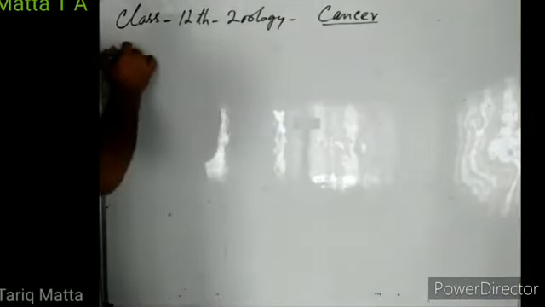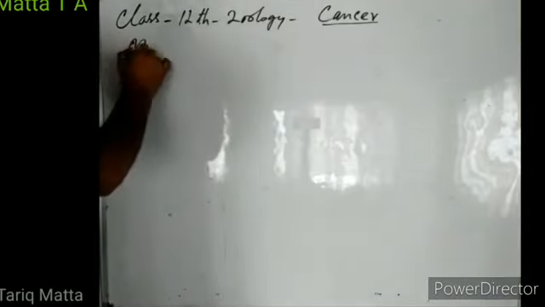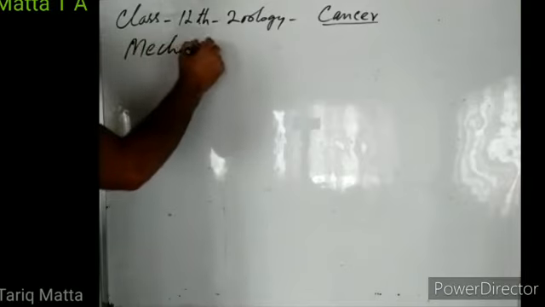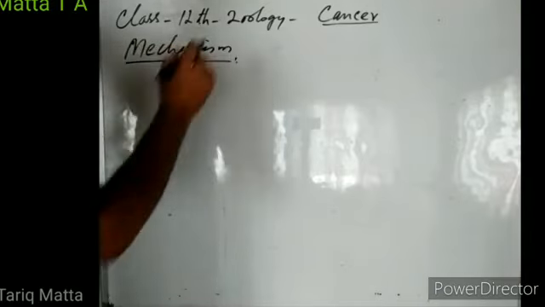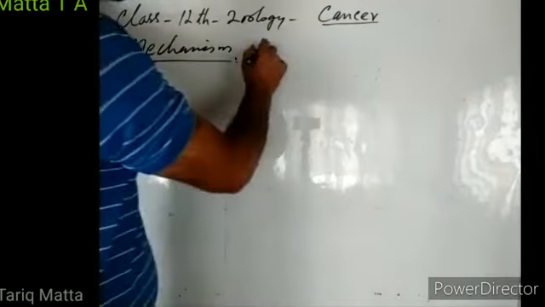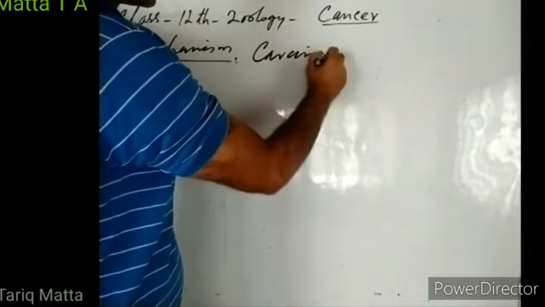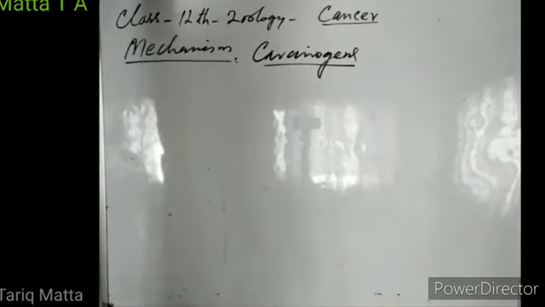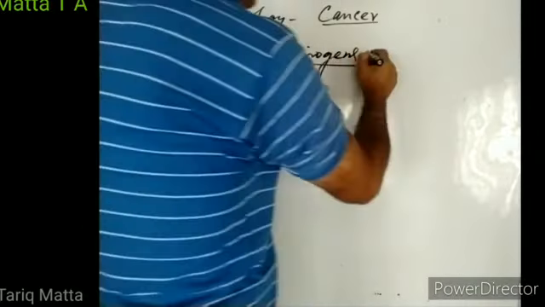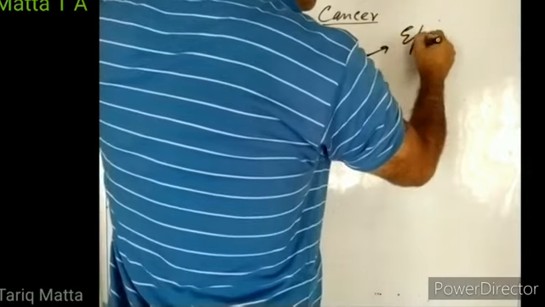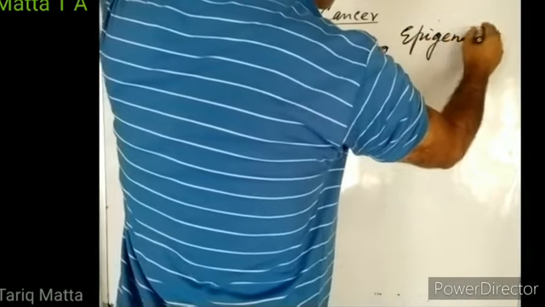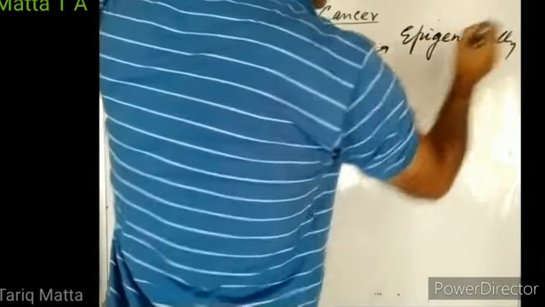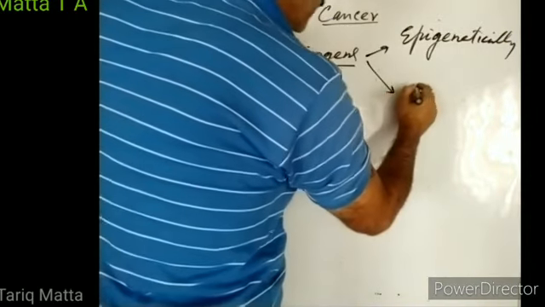So how are cancers caused? Mechanism. So carcinogens are the chemicals or the substances which cause cancer. They may act epigenetically, or they may directly act on genetic material.